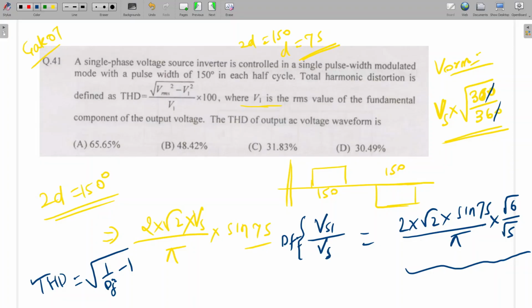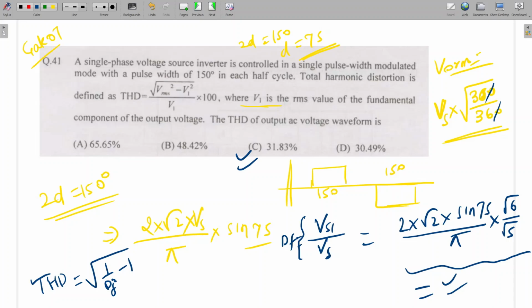Okay. So how much are we getting for this distortion factor? 31.83. You are getting the final answer? 31.83. Okay. How much is this value? 2 into root 2 into, 1 second. Has anyone calculated this distortion factor value? Root 2 into sin 75 into root 6 divided by pi into root 5.